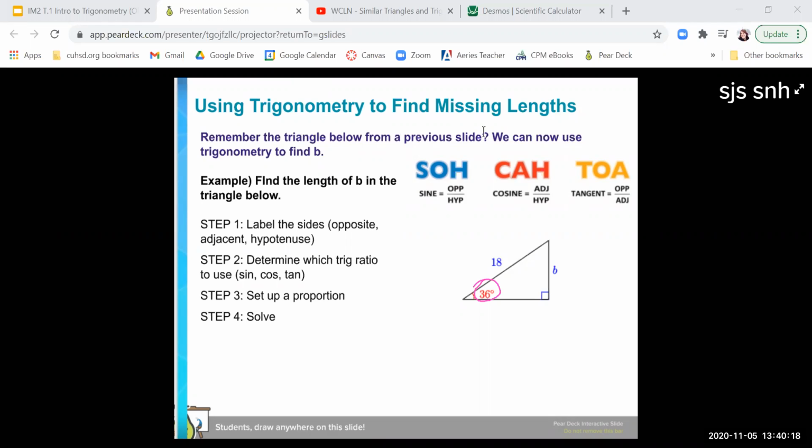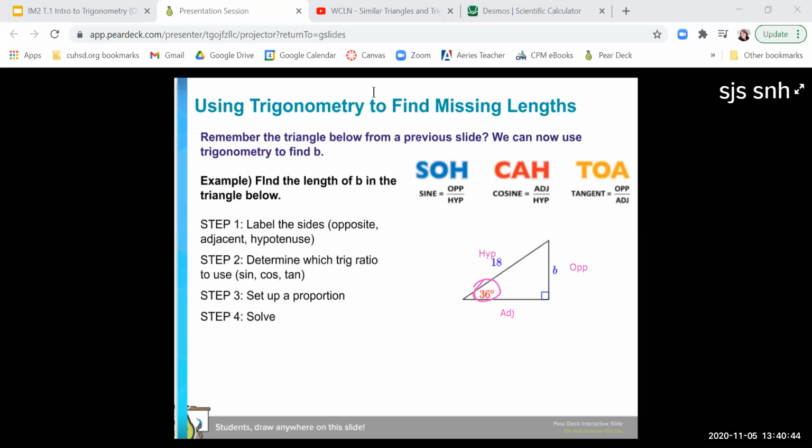So 18 right here, that is definitely our hypotenuse. It's always opposite the right angle. This side down here is adjacent because it's right next to the theta angle, 36. And that leaves this one over here to be the opposite. And once we have those labeled, this gives us some clues about which trig ratio to use.